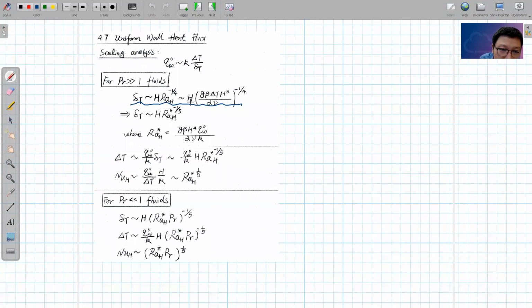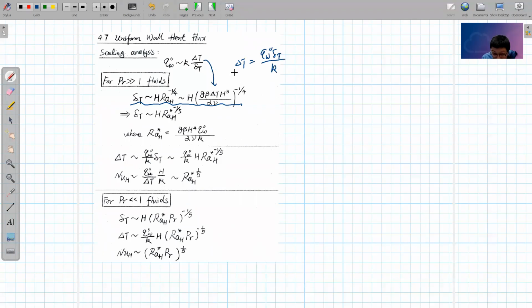So we have this one. We write this Rayleigh number out, the form out. We have this delta T here, and we replace the delta T with this term. Basically, delta T equals QW double prime delta T over k.